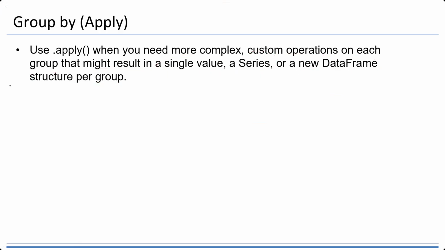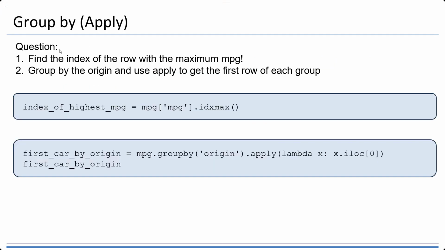Okay, let's see. I want to find the index of the row with the maximum MPG.